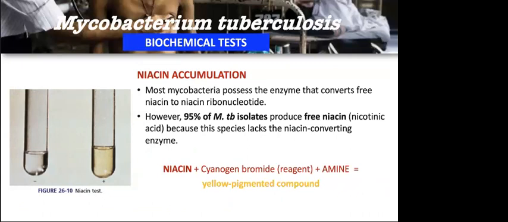Now, biochemical tests that you can perform for tuberculosis include niacin. Most mycobacteria possess the enzyme that would convert free niacin to niacin ribonucleotide.